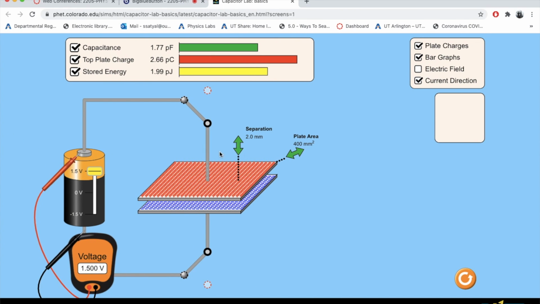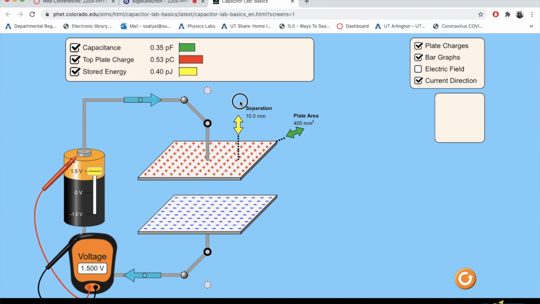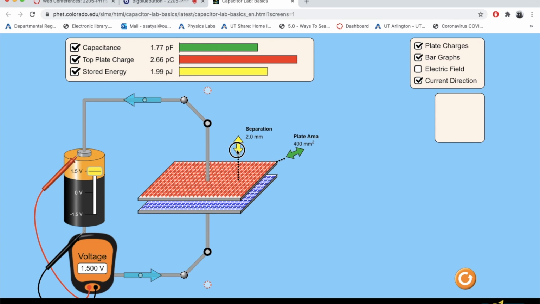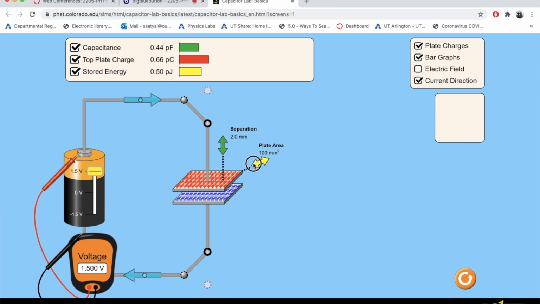It's a good question. So here, as you can see, stored energy. From here, what we learn is to have the maximum stored energy of 1.99 picojoules. When I had the distance increased, I had a smaller energy. So energy increases by decreasing the distance, and same thing with the area, right?